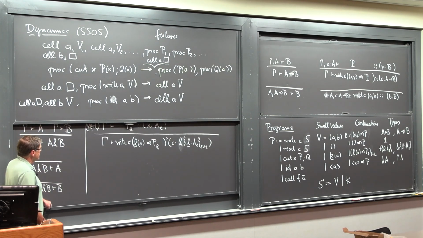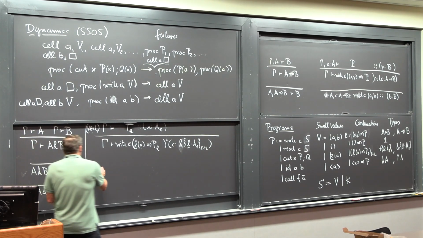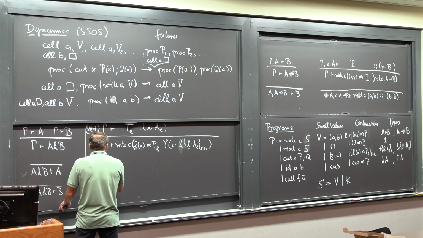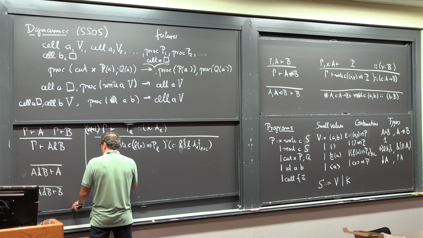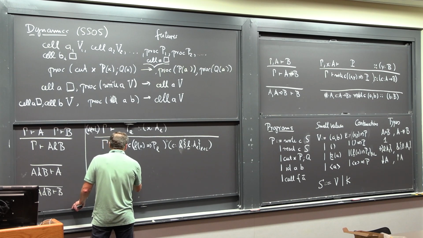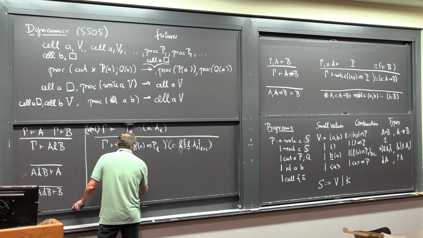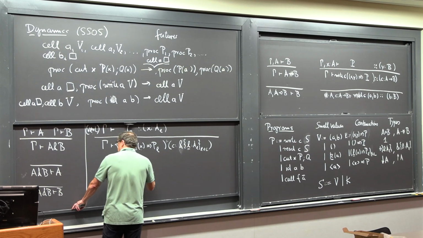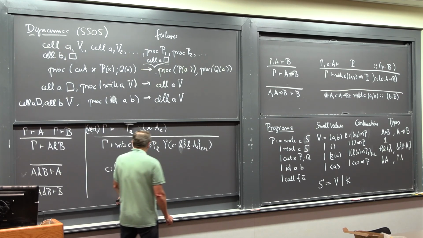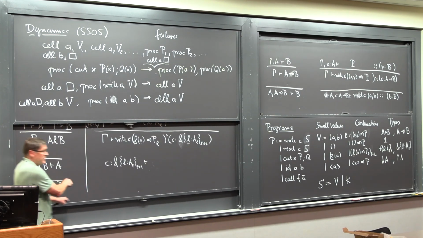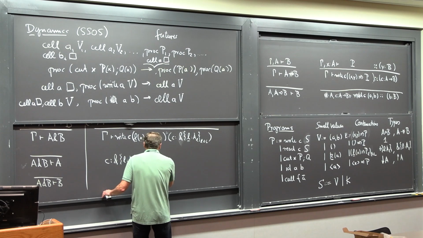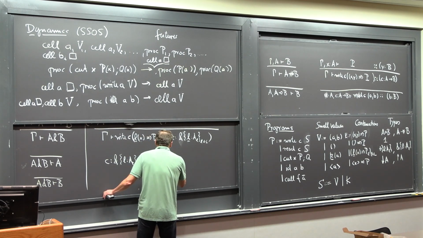Okay, now for these, how does this work? So we have C colon with of L colon A sub L for L in L. So this process would have to read from C, right? Okay.